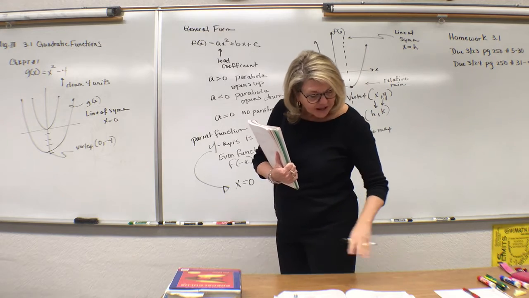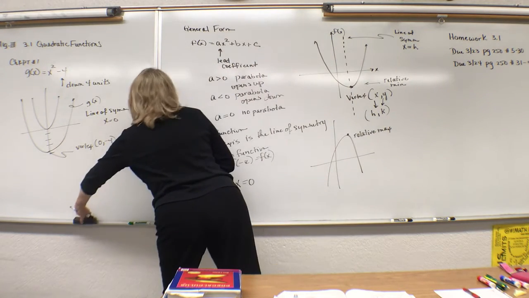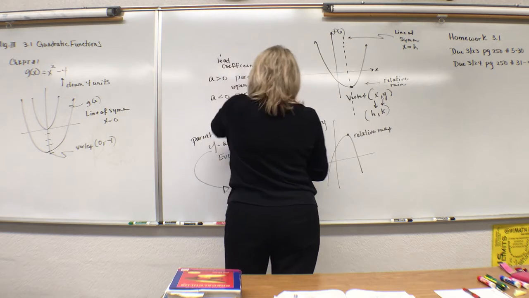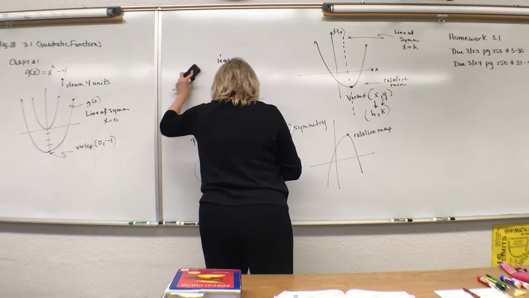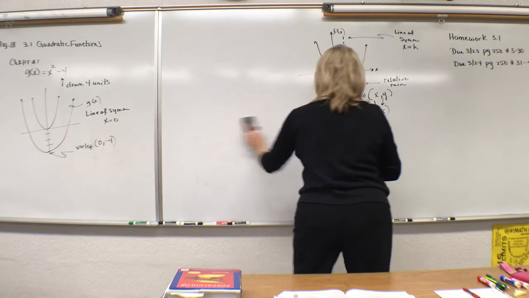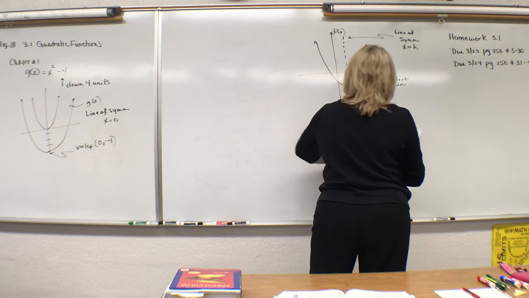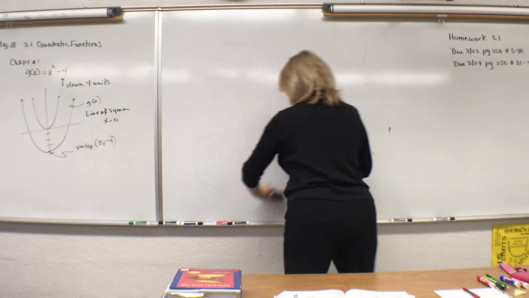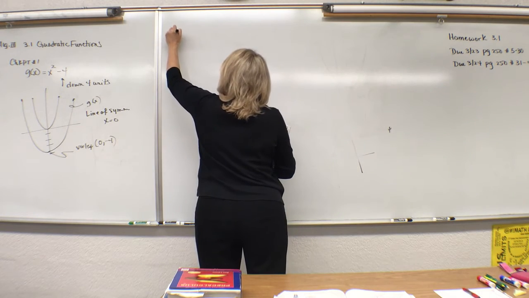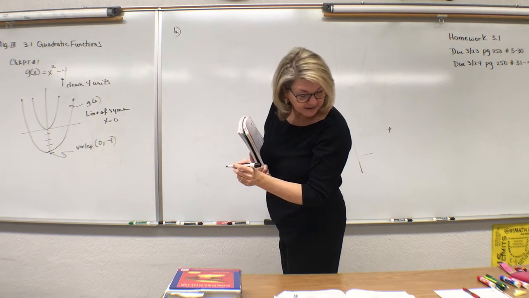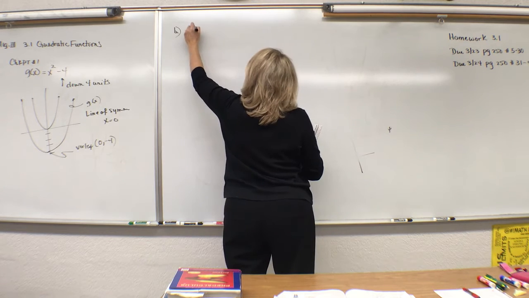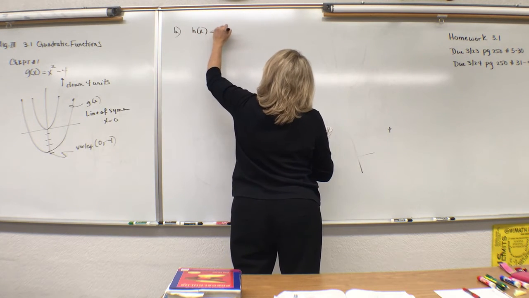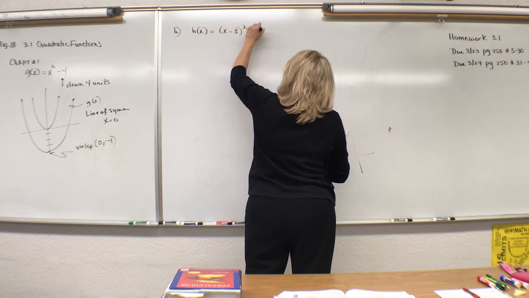h of x in letter B, that's going to take on a little bit more of an interesting view because we've got a bit more going on in letter B. Letter B says h of x equals x minus 3 quantity squared plus 1.